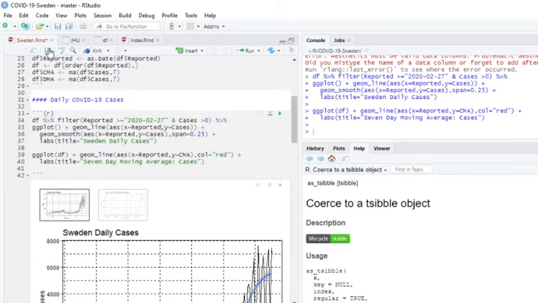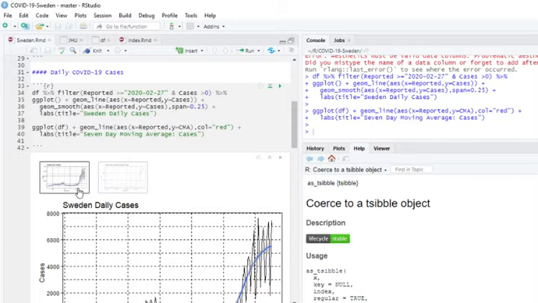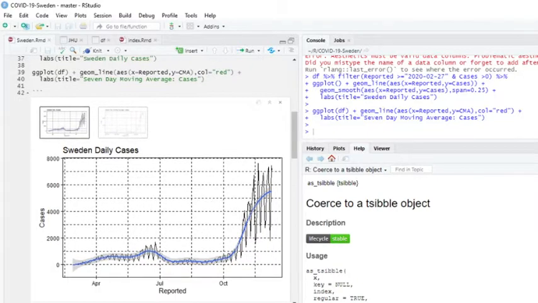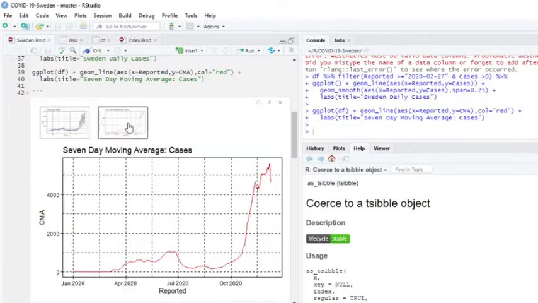So this is right so far. So we're looking at Sweden's daily cases. You can see the daily cases are climbing up here pretty regularly. You had some days between 6,000 and 7,000 cases in a day. It's good deaths.